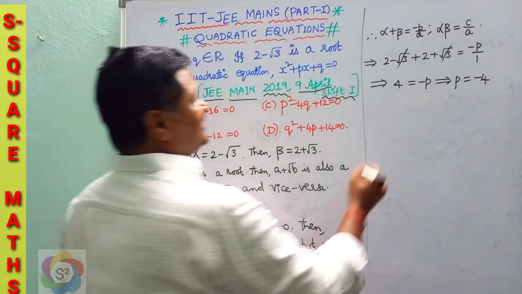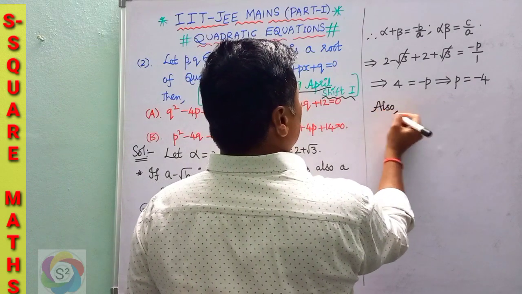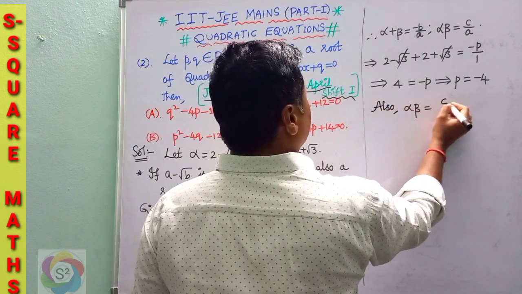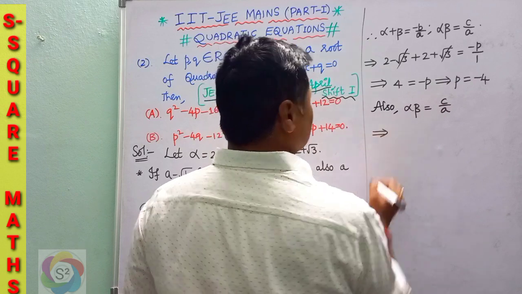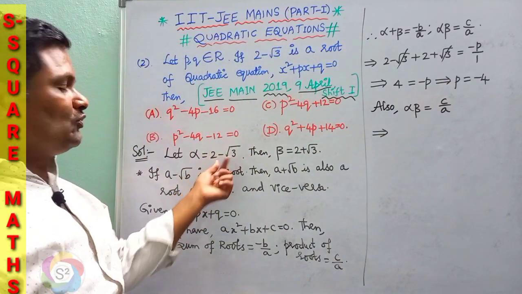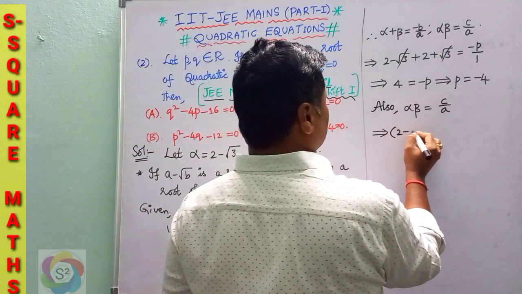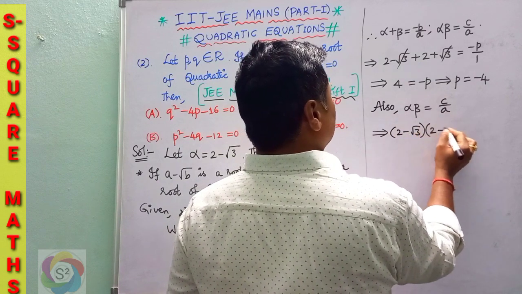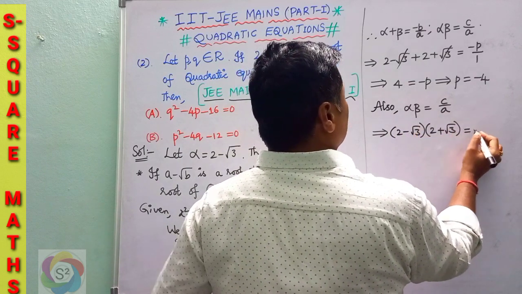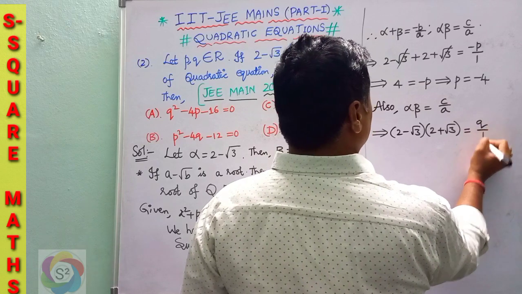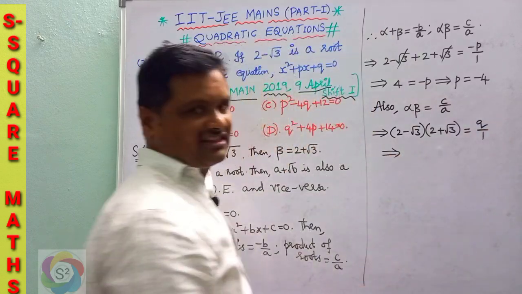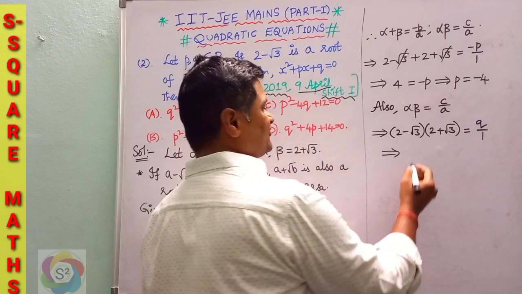Next, the product of the roots, alpha into beta, is c by a. What is our alpha here? 2 minus root 3, and beta is 2 plus root 3, which is equal to c by a, that is q by 1. This takes the form of a minus b into a plus b, which is a square minus b square.